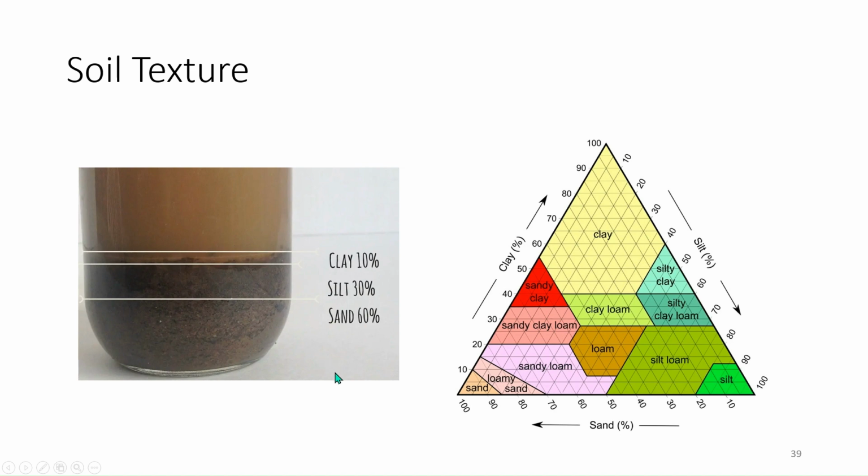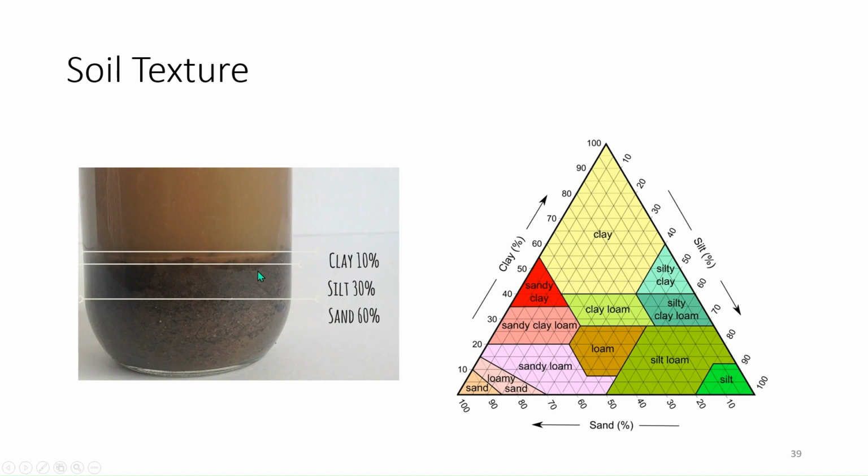So to use the triangle, we would look at our percent of each one of these. We can draw a line across our bottle and then measure the total height and say the total height was 10 inches. And let's say this first line was 6 inches from the bottom. We'd say 6 out of 10, that's 60% sand.